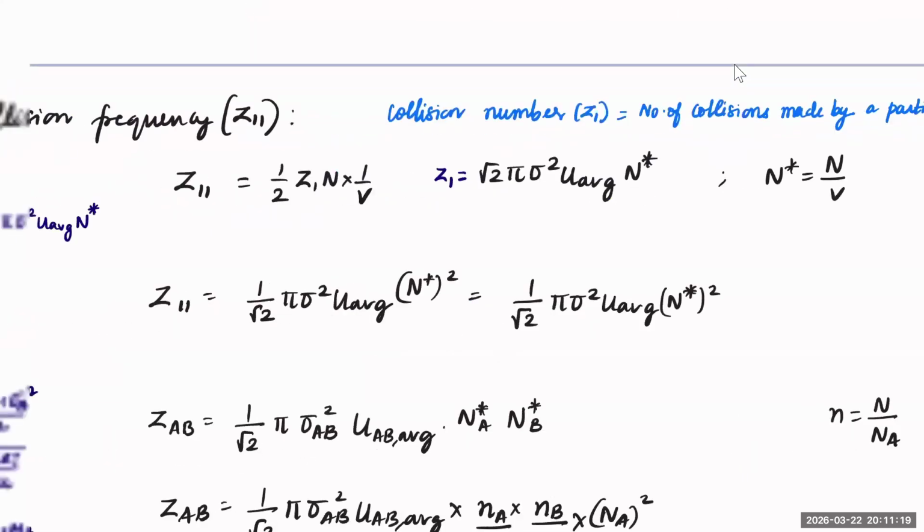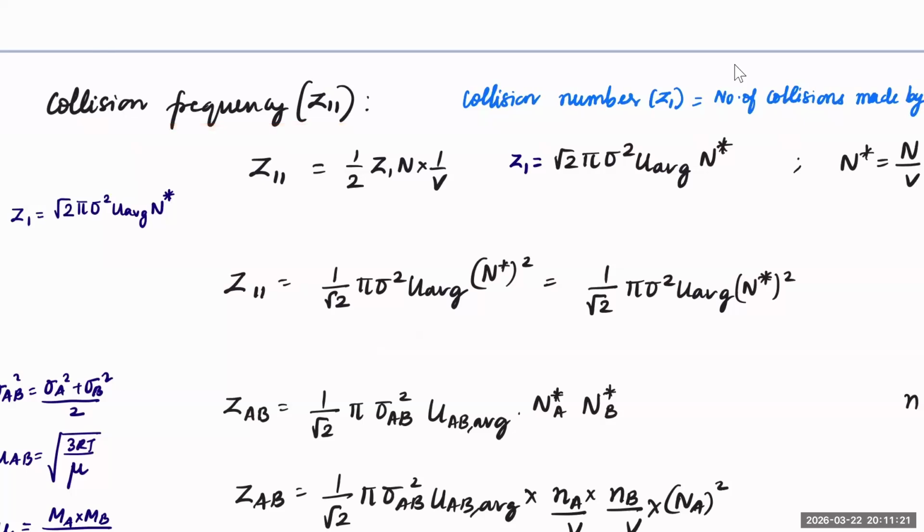Now what is collision frequency then? Collision frequency is the number of collisions done by all the particles. Now imagine I have n number of particles here, correct? And let's say there are Z1 collisions made by each particle. Each particle is making Z1 collisions. Then the total number of collisions will be how many? Z1 n by 2. Why the 2?